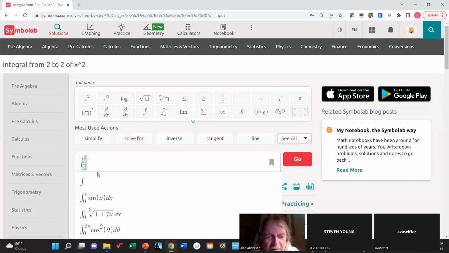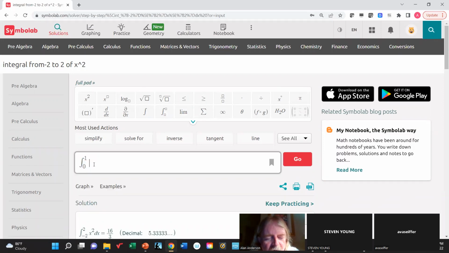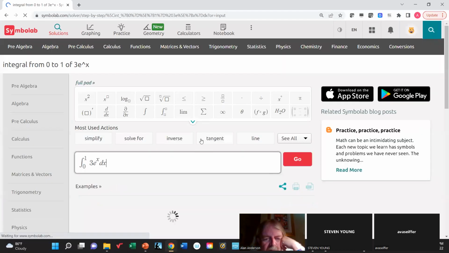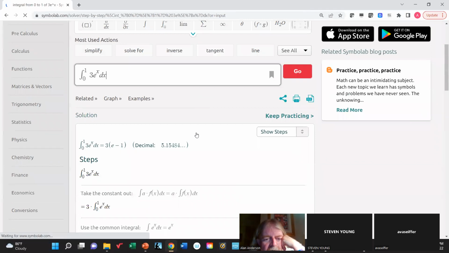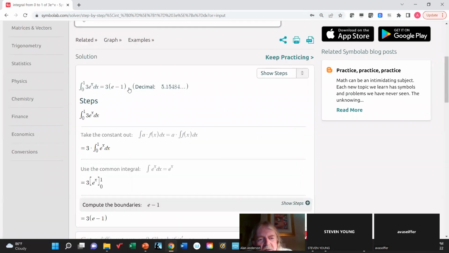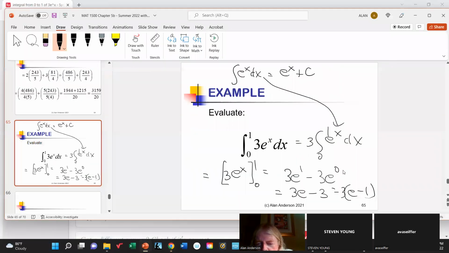It's been my experience with Symbolab that once you start to mess up something, it's hard to fix it. You might as well just start all over again. So it is what we predicted, 3 times e minus 1.